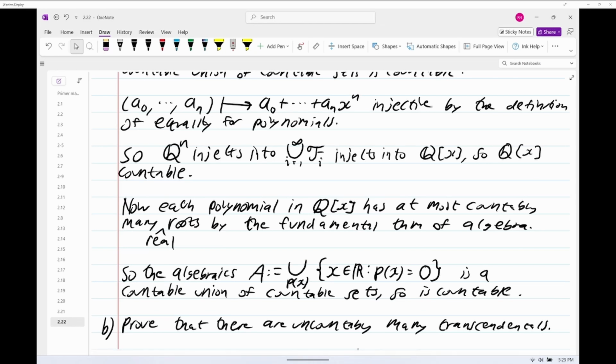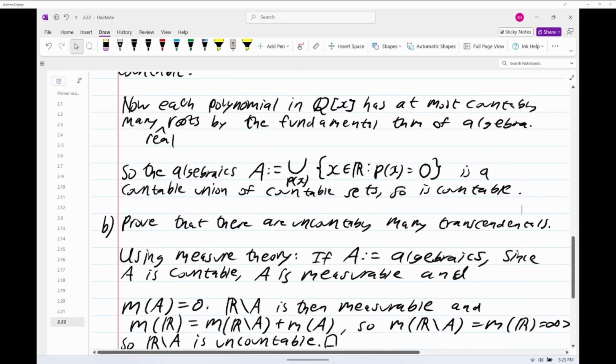This is shockingly similar to proving that there are uncountably many irrationals. Using measure theory, okay, you don't know any measure theory, but I do now, so I'm going to flex it a little bit. If A is the algebraics, since A is countable, it's measurable and has measure 0.